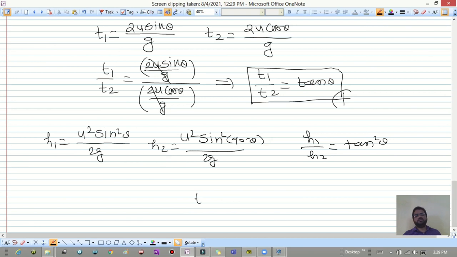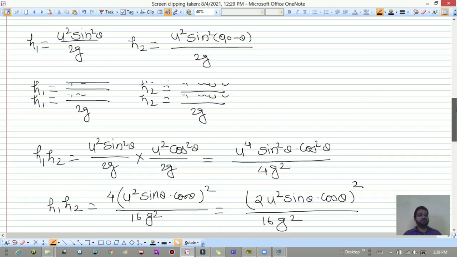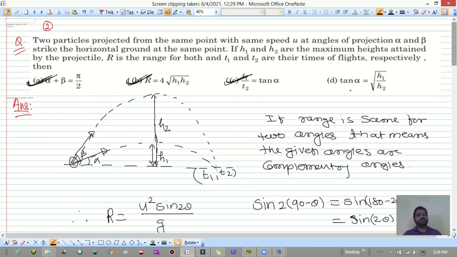So from this, tan theta we have is root of h1 divided by h2. So yes, here also all the answers whatever given are correct. So I hope this is clear.